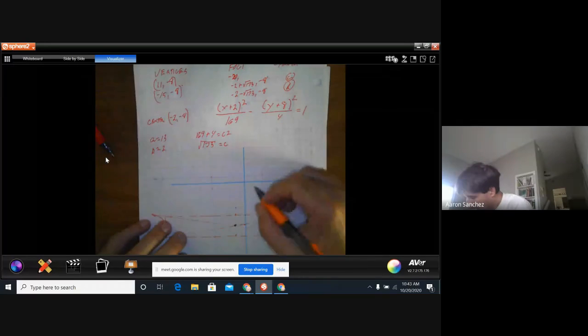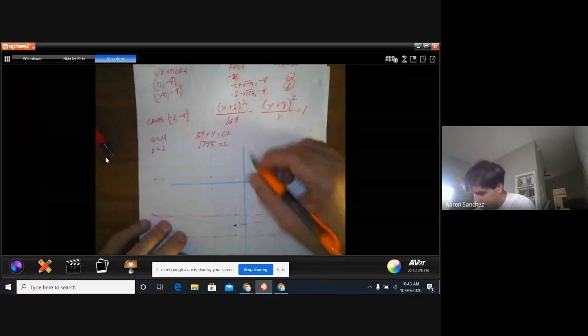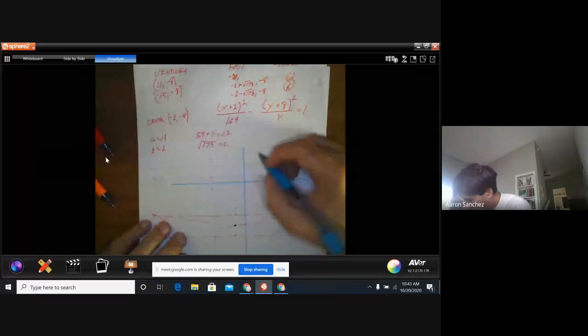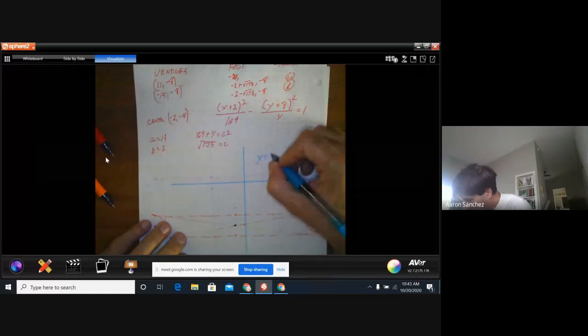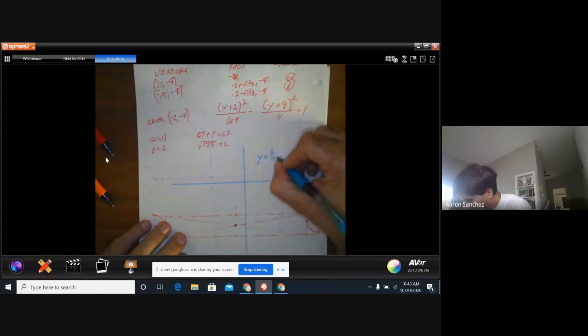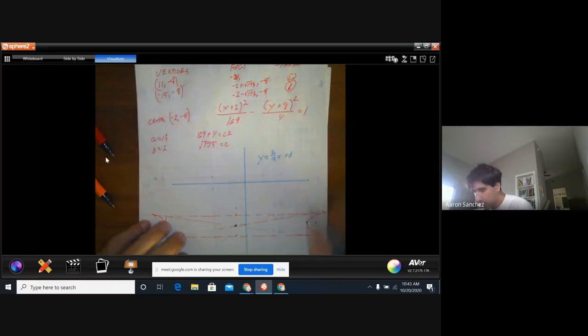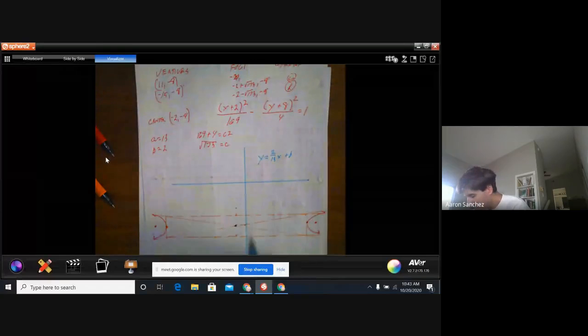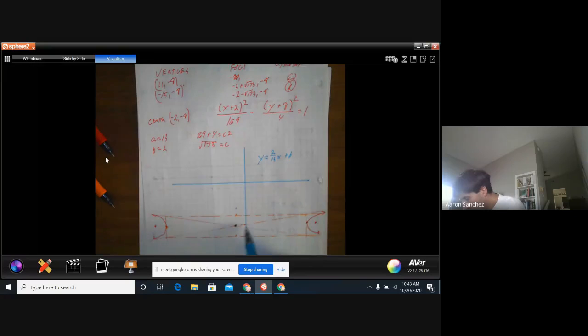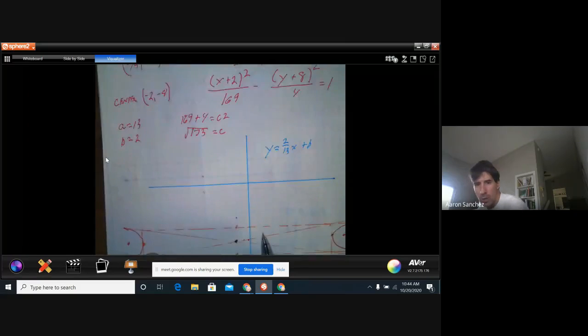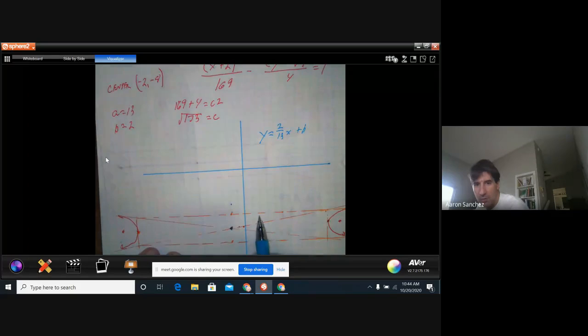This asymptote is going to be y equals 2 over 13 x plus b, right? I don't know what my b is. Where's it crossing here? You've got to pick a point to figure out where it's crossing. I've got this point right here as my center. To figure out the b, you plug in an x and a y.